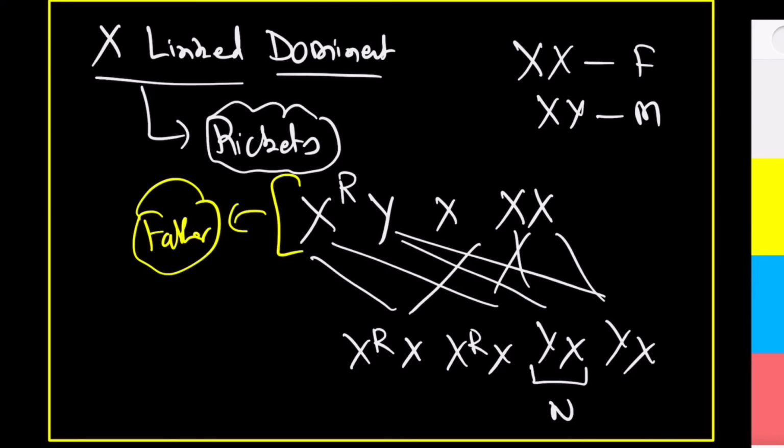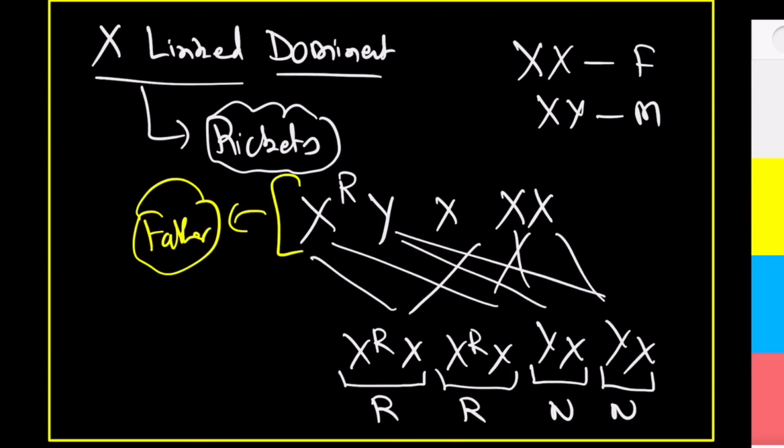Now try to see here, this is male normal, this is male normal, and this is female. Yes, they are going to carry the disease rickets because the dominant allele is present. Here also the dominant allele is present.